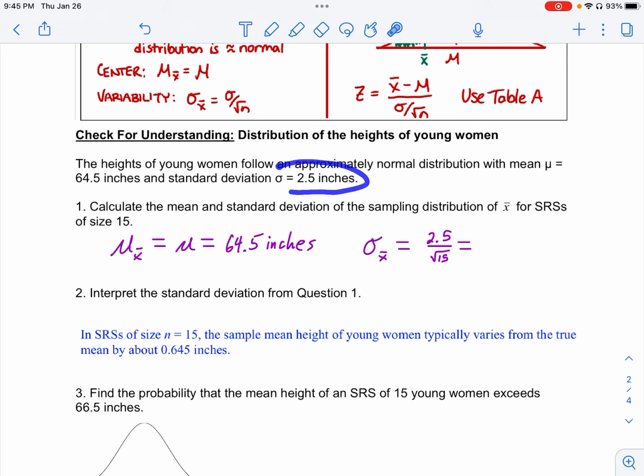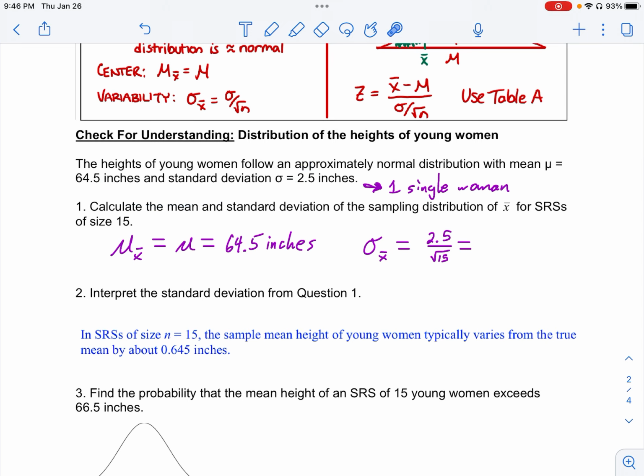The sigma here, I like to think about this as just for one single woman, or a sample size of one. Meaning, on average, young women are this tall, and if you picked one woman, her height would vary 2.5 inches from the mean on average.